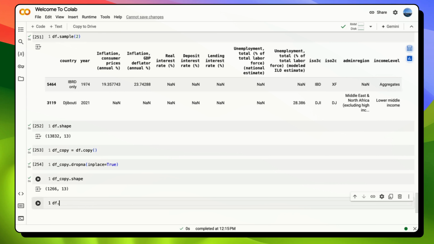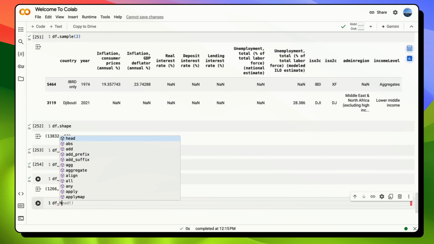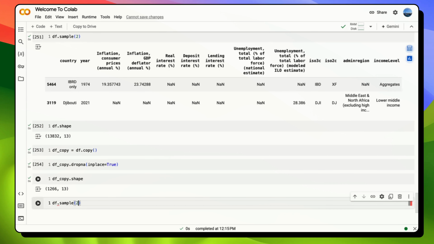So we are still going to work with this sample that we have.